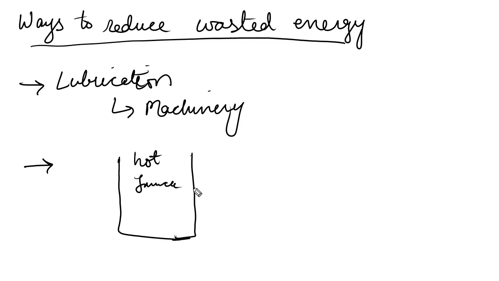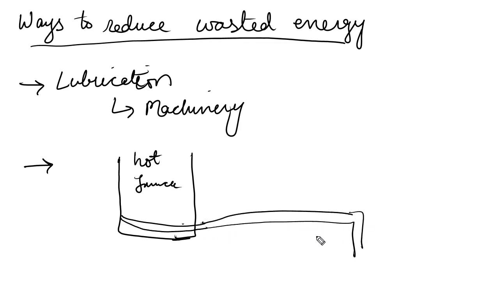So if its temperature exceeds a certain value, we have to transfer the thermal energy from this hot furnace to some other region. So what we do is we attach a metal rod to this hot furnace, and we put that metal rod into some cold water. So what will it do?